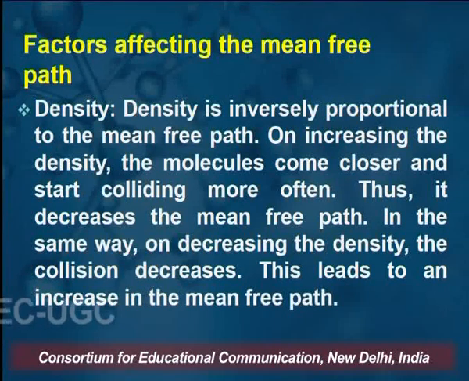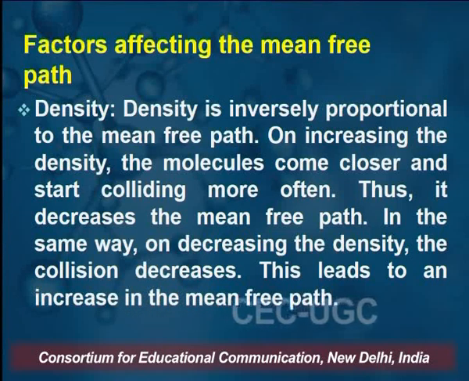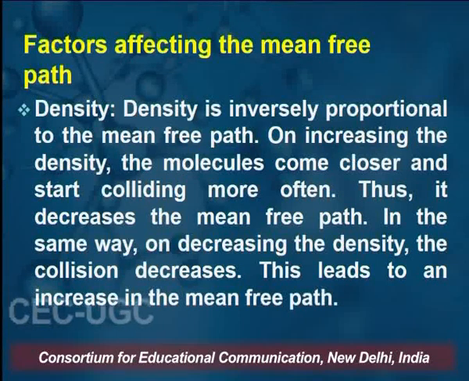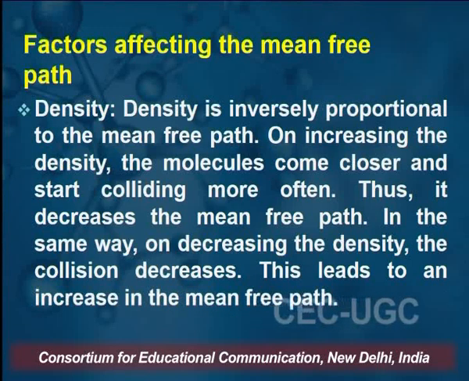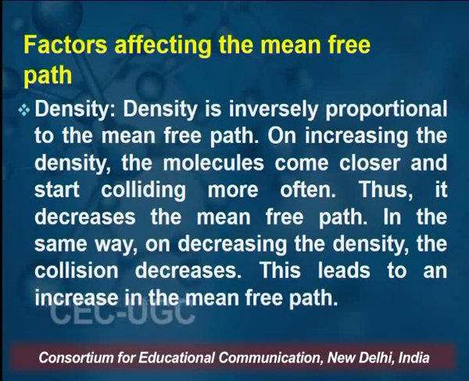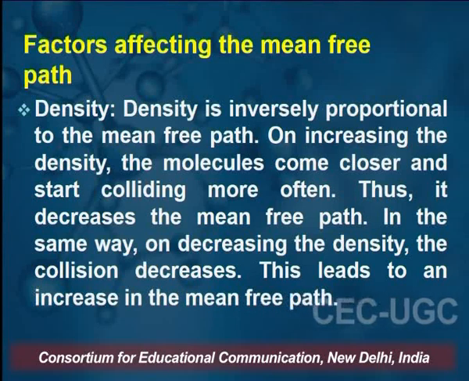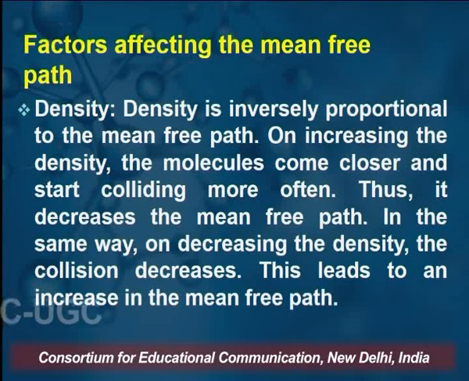The first factor that affects the mean free path lambda is the density. Very, very important. Density is inversely proportional to the mean free path. Why? Because on increasing the density, the molecules come closer and start colliding more often. That is, the number of collisions increase.